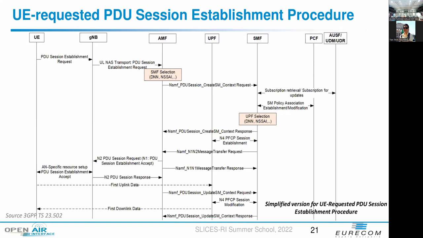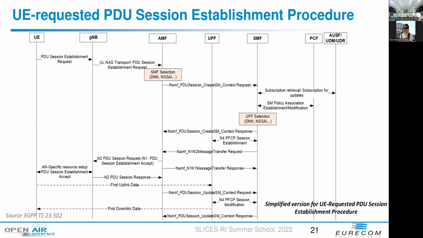And also SMF can input some QoS information in the content of the NGAP message, so that the RAN can establish and create the resources accordingly. We can skip the last part because the first part is the uplink and the second part is the downlink. We can skip that.